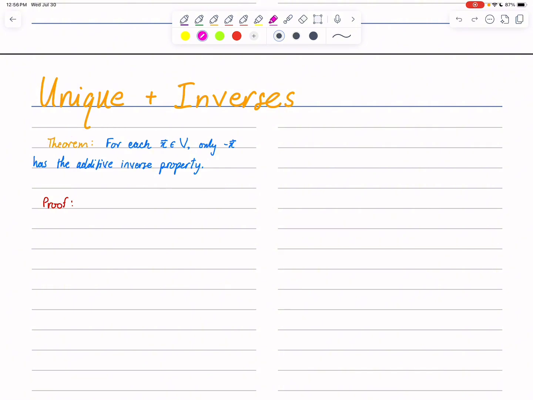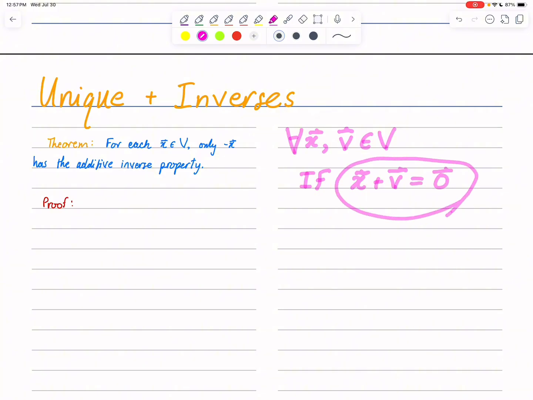So again, the idea is, if you pick any x in our vector space, and then you pick some other vector, which I'm now going to call v, also in the vector space, and v has the property that defines the inverse of x, then we are going to show that v must actually just be the additive inverse of x.